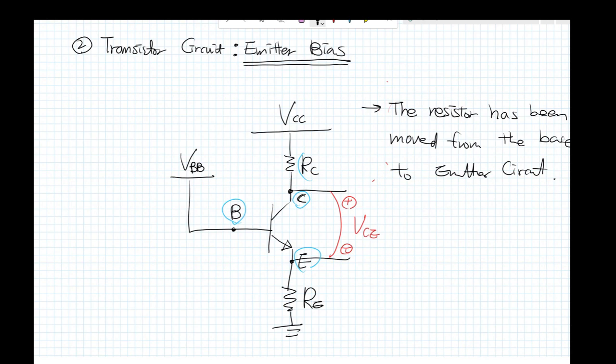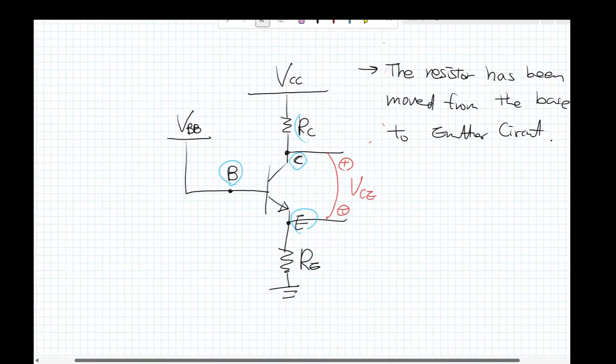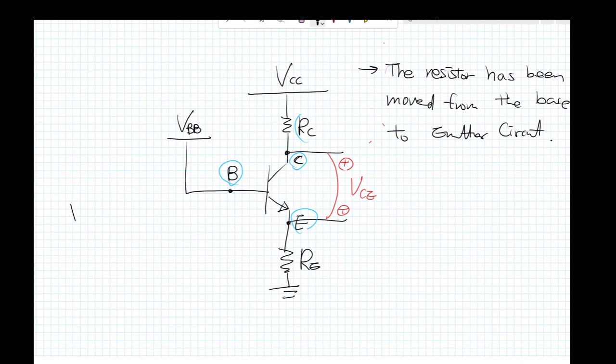So the question one, from this transistor circuit, we have different formulas to find each part. All right. So V sub BE is definitely the same, 0.7 volt. Okay.